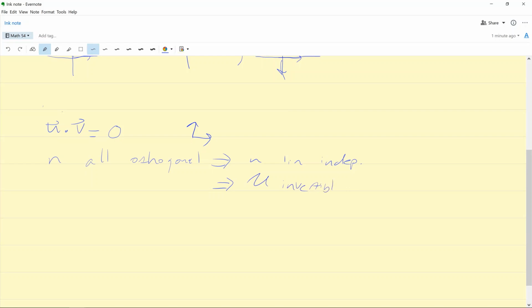So in this case, the matrix we started with is always going to be invertible. And furthermore, it's exactly going to be an orthogonal matrix. We said an orthogonal matrix is a square matrix with the property that U transpose is U inverse.